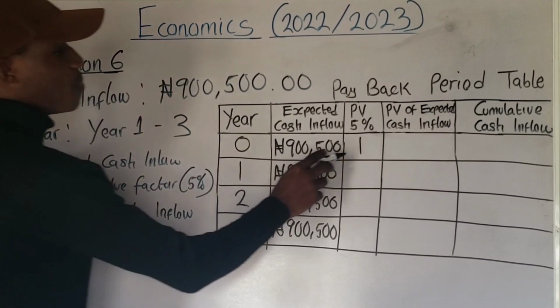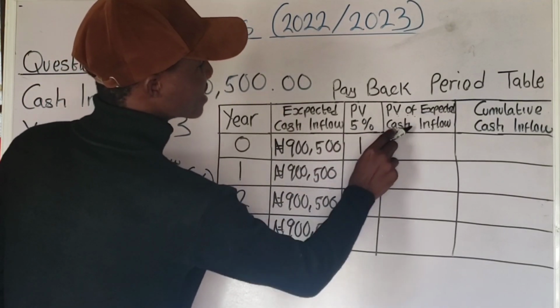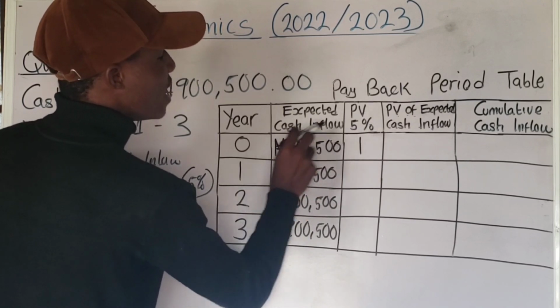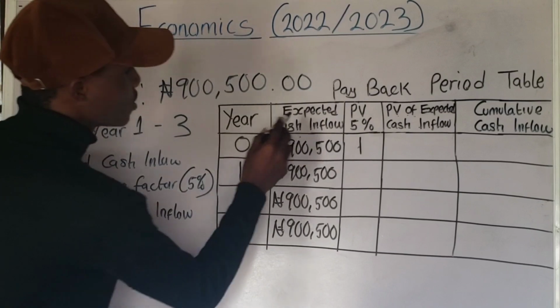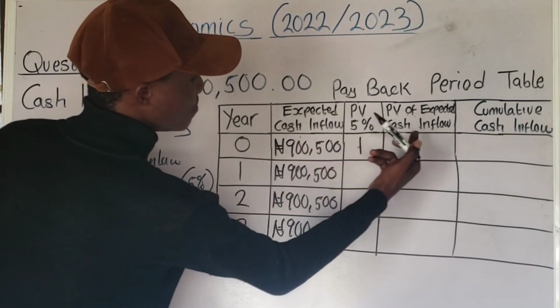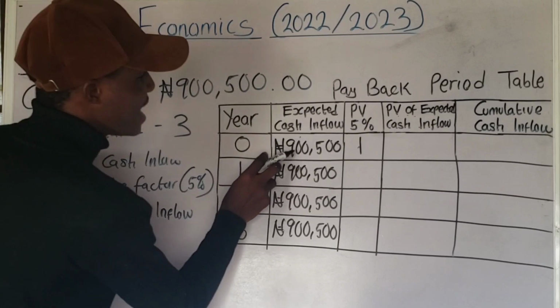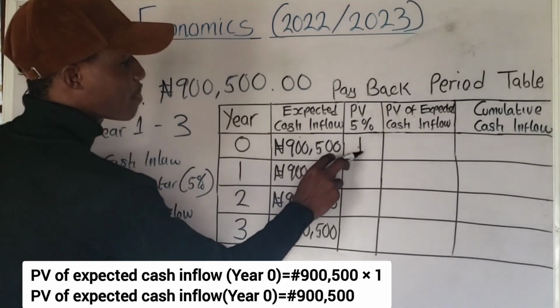So now, the present value of the expected cash inflow will be the product of the expected cash inflow and the PV at 5%. The product of these cells and these cells will give me the result of these cells. So that will be 900,500 naira multiplied by 1.